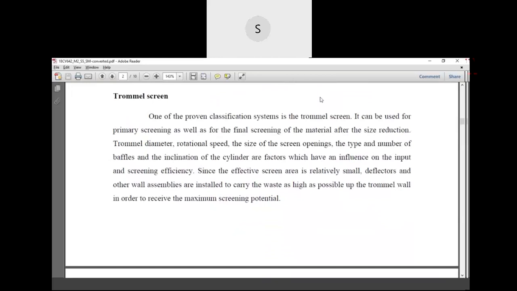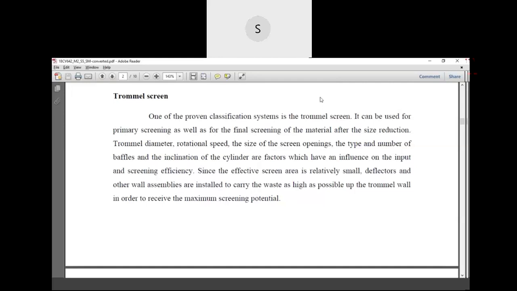Trommel diameter, rotational speed, size of the screen openings, and the type and number of baffles that can be provided for the inclined cylinders are the factors which influence the output and the efficiency of the screening.